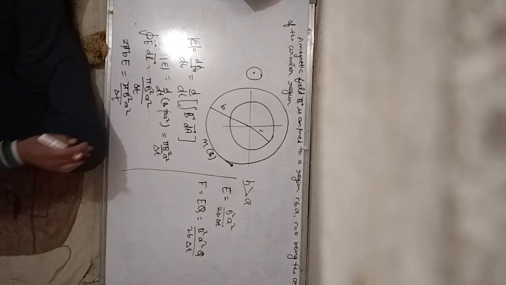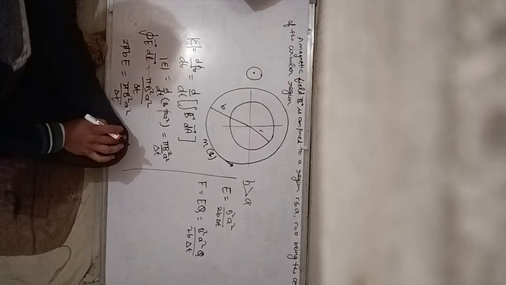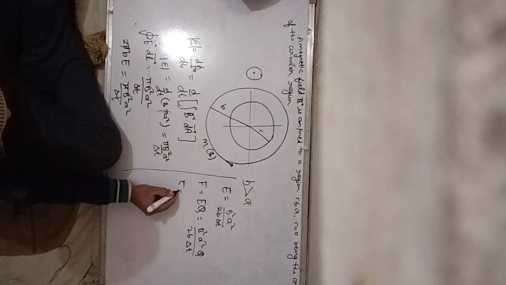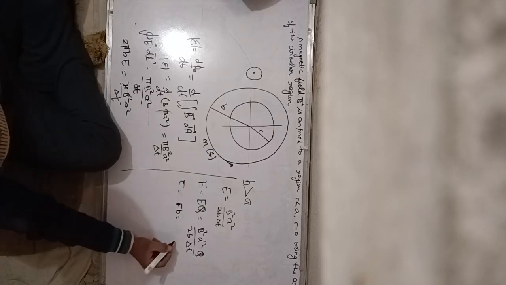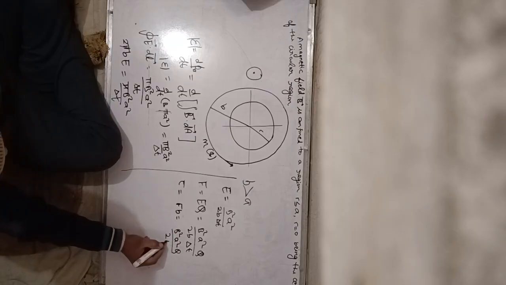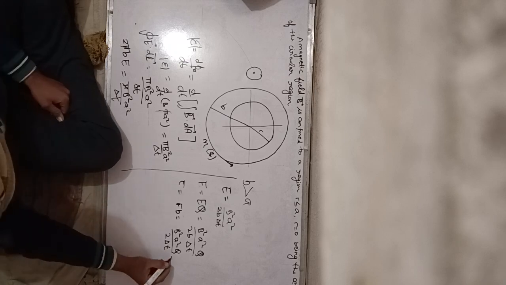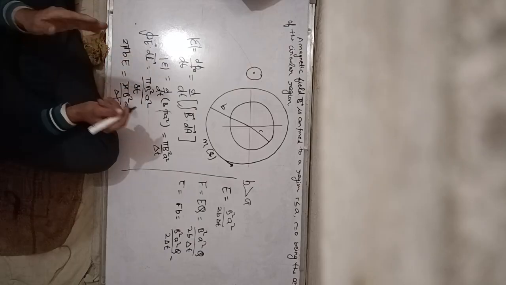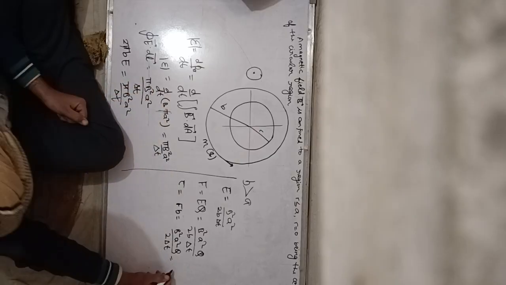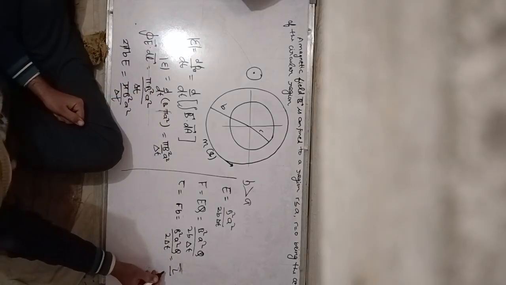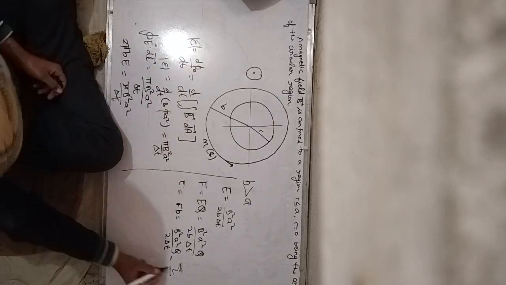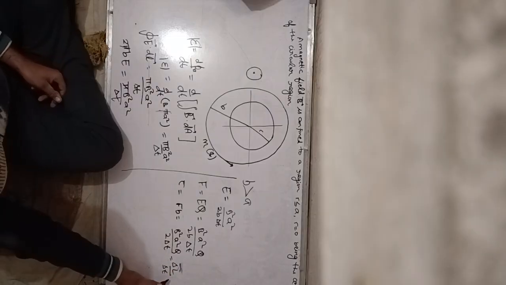This force will produce a torque. And what will that torque be? That torque will be F times b, so this will be B A square Q upon 2 delta t. And this torque, we know, because force is the rate of change of linear momentum, so torque is the rate of change of angular momentum, delta L upon delta t.